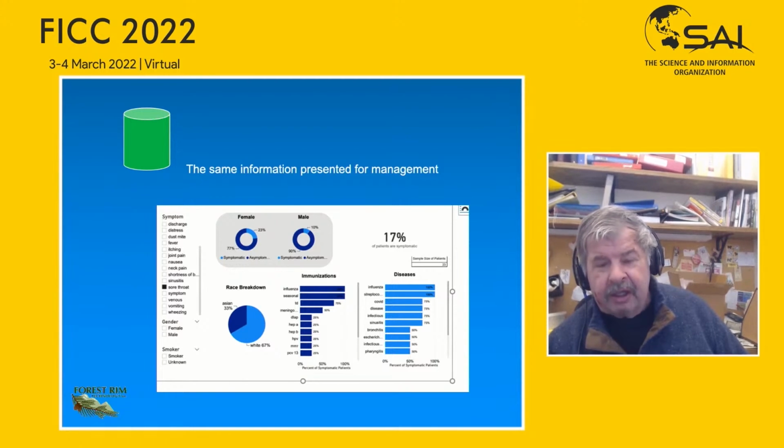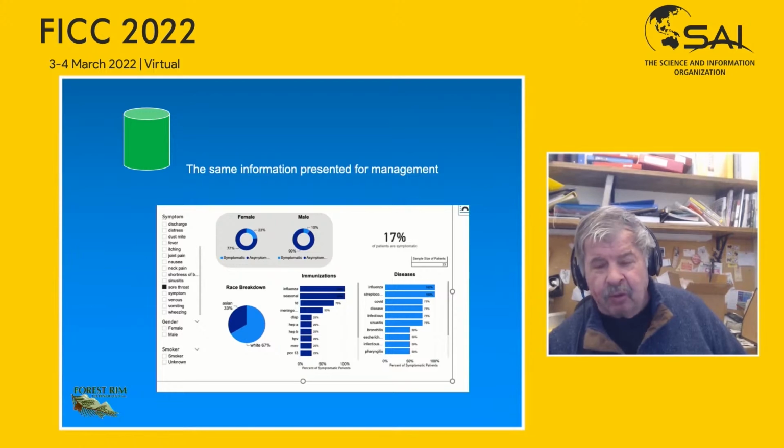So if you want your data coming from your databases to look like this, then that's absolutely fine with us. We can present it. In this case, we can take such things as male and female, smoker, non-smoker, having different diseases, having different immunizations, and how do they all correlate to each other.